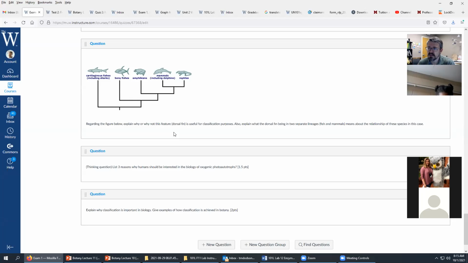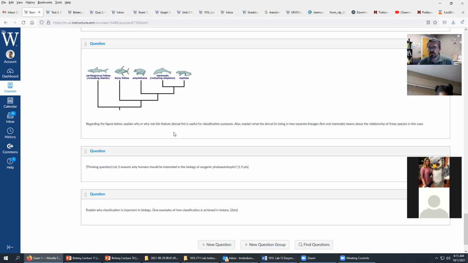It also helps us to understand relationships between organisms. As we learn more about the plants, we can classify what's more closely related to others than not. And how do we achieve this in botany?